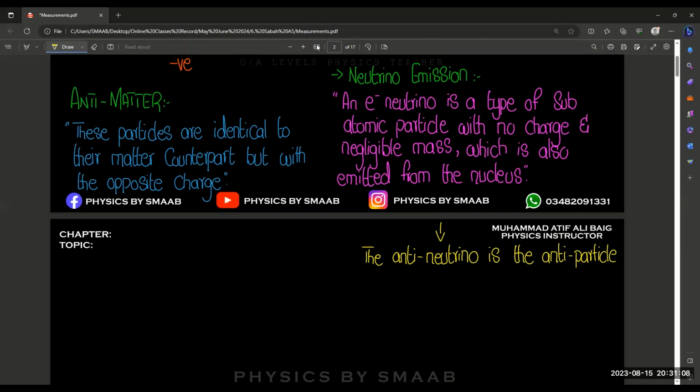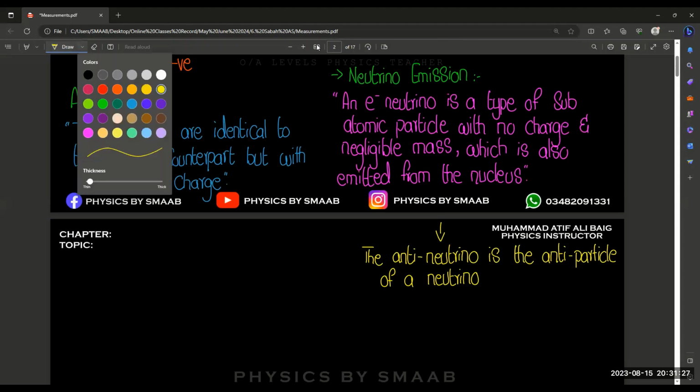We just mentioned neutrino emission, so the antineutrino is the antiparticle of a neutrino, right? And how are they produced? Their production process will be like this.